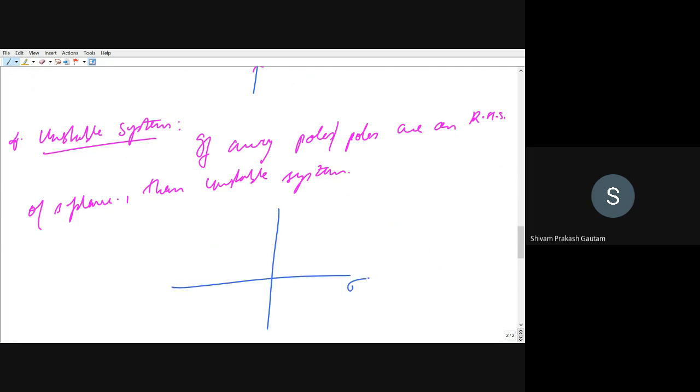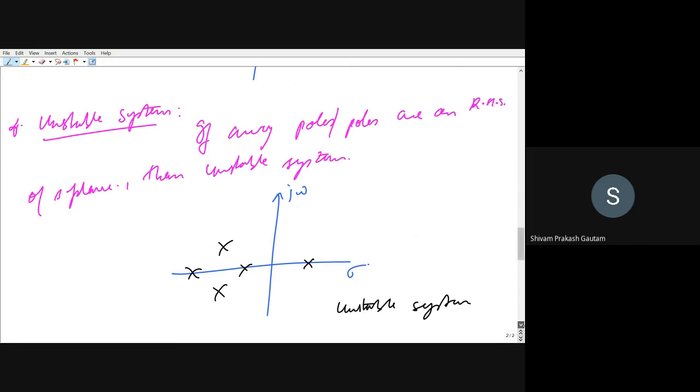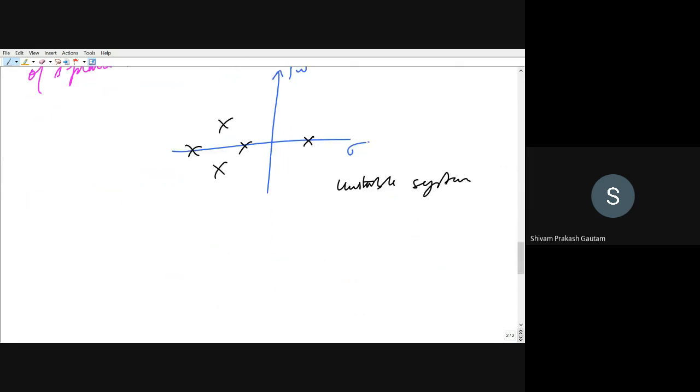So this is the real axis, this is the imaginary axis. And let us suppose we have poles here, here, again here, and one pole is on the right hand side. Now, under such conditions, we can say that the system is an unstable system, such that any one of the poles is on the right hand side.